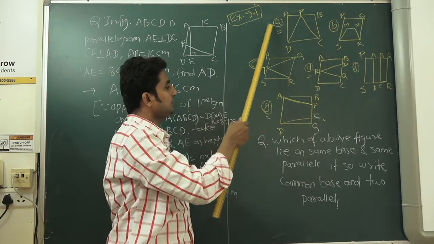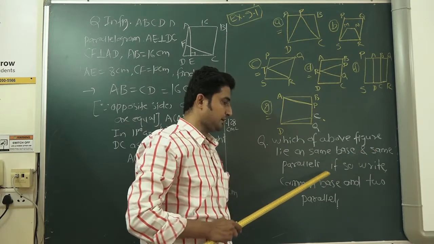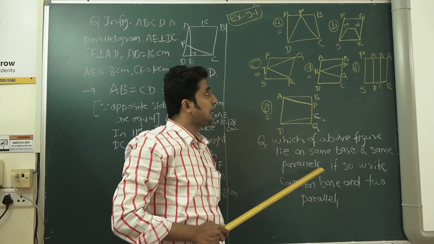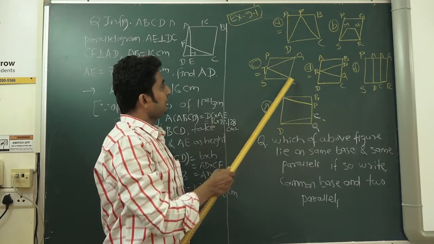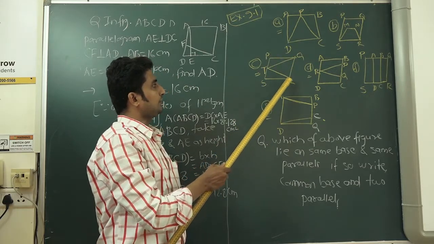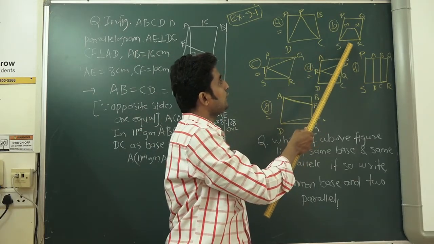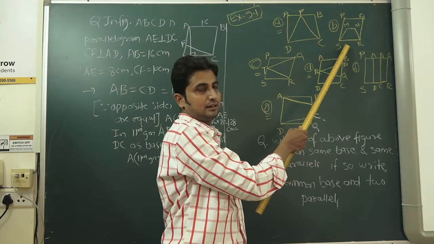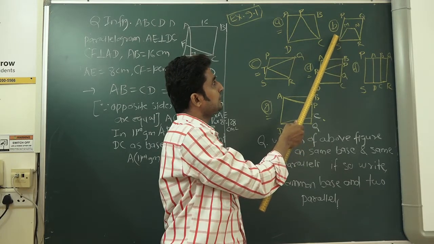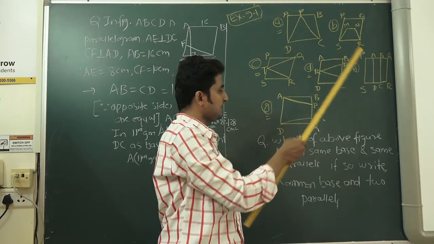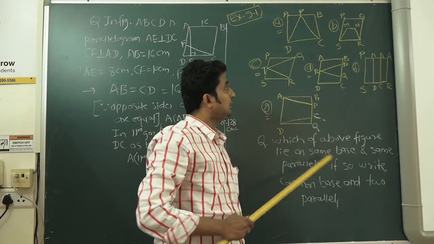Hence, figure 1 has the same base and the same parallels. Next, dear students, if you watch figure B, in this figure we can't find the common base and the parallel. So figure B is not suitable for the same base and the same parallels.